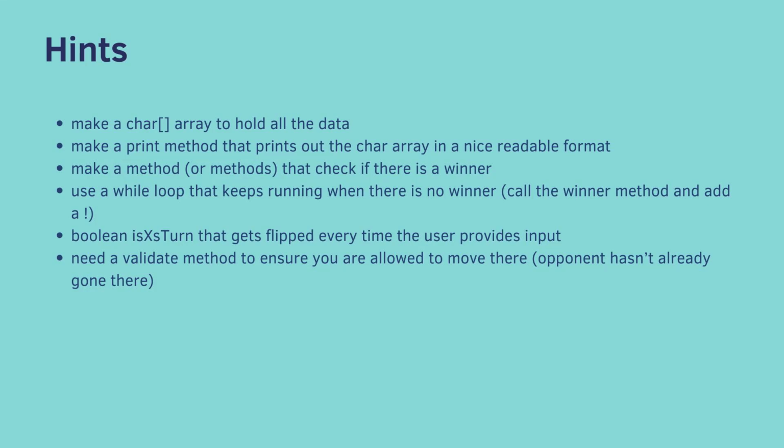You'll need a boolean to track whose turn it is, so I called it is X's turn. And every time the user provides input, you have to flip the boolean from whatever it is to the opposite. You'll need a validate method to ensure that you're allowed to move there, meaning the opponent hasn't already played in that position. And of course, you'll need some other things, but this should help get you started.